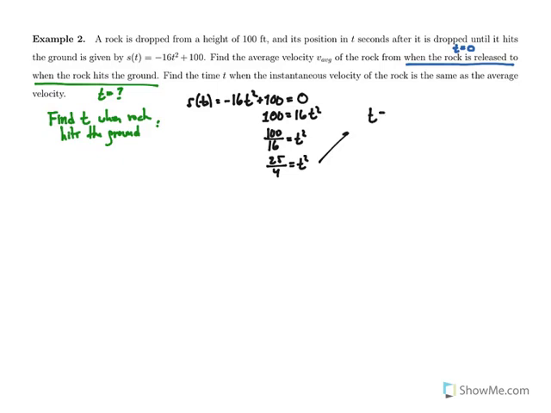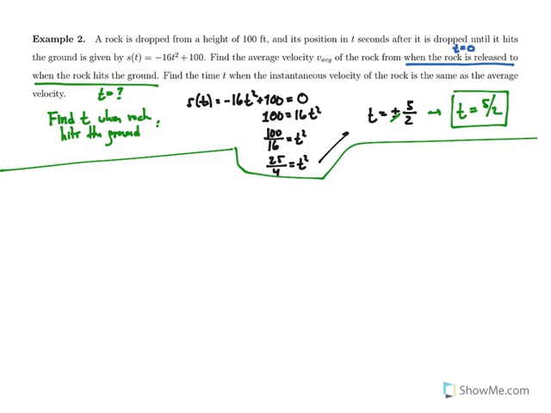So that means t is going to be plus or minus 5 halves, the square root of 25 fourths. Note that we can't have a negative time, so we're just going to be using t equals 5 halves. All right, so that's the first part of the question down. We now have the time that we're talking about.